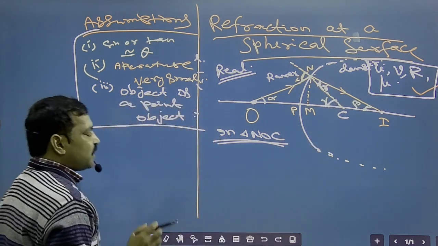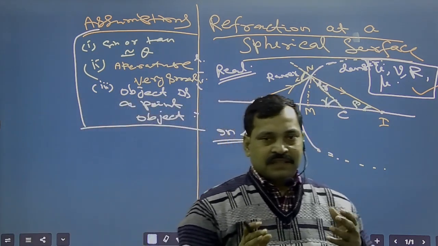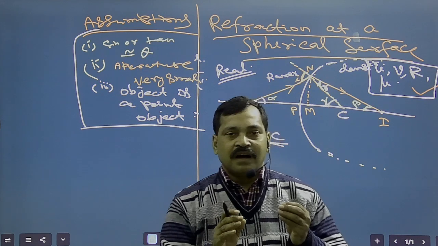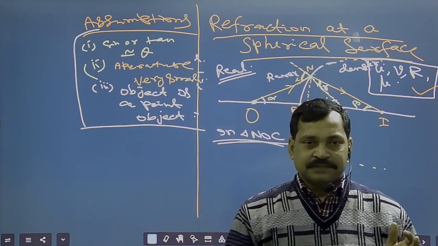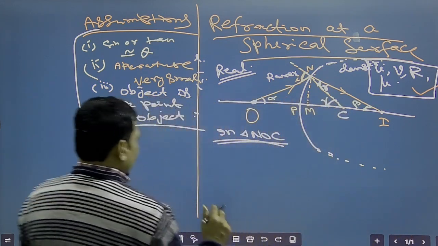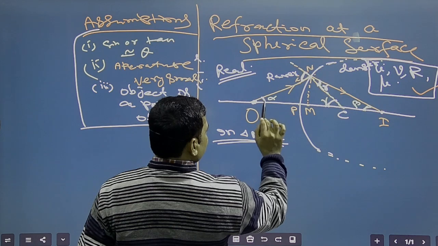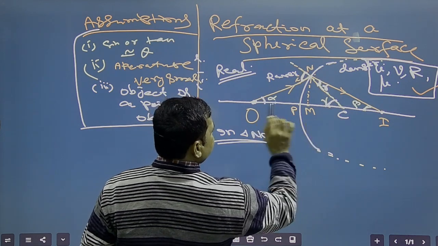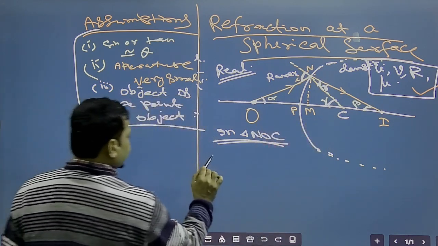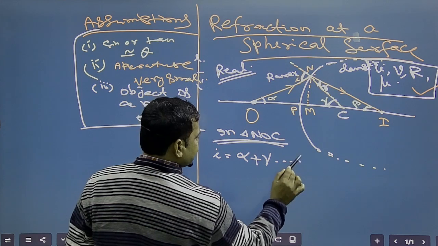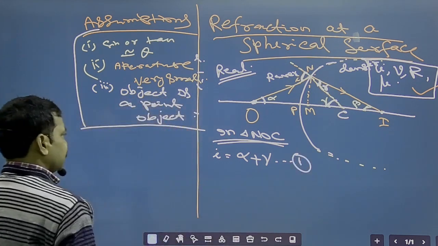From the property of the triangle, the exterior angle is the sum of the interior opposite angles. So I can write here I is equal to alpha plus gamma. Let this be equation 1, right?